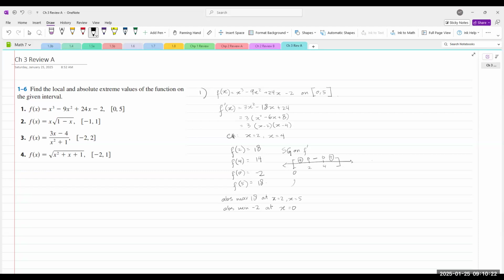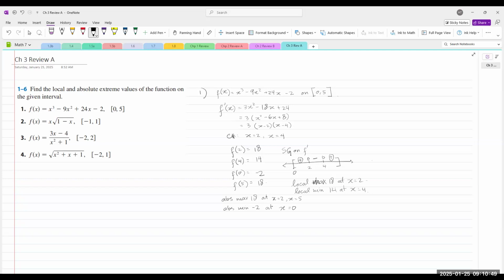So local max at x equals 2, so it is 18. Local max is 18 at x equals 2, and local min is 14 at x equals 4.